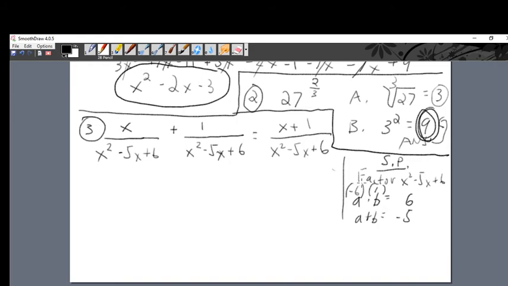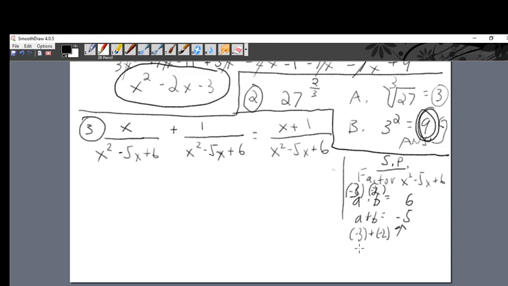It's not -6 and positive 1. It is -3 and -2. -3 times -2 is positive 6, and -3 plus -2 is -5. I apologize. Those are our magic numbers.